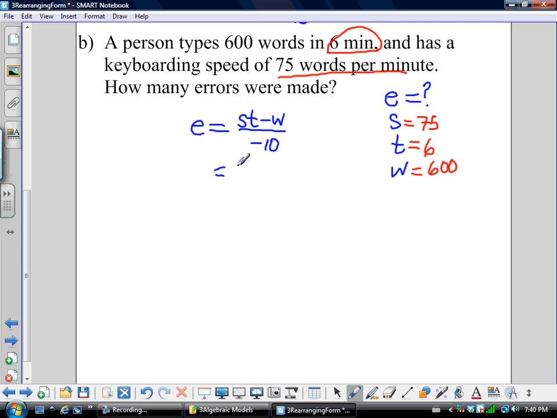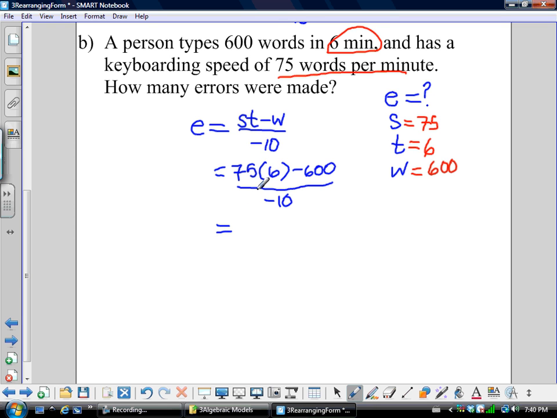So we have 75 times 6 minus 600, and then all of that is going to be divided by negative 10. Again, watch your order of operations this time. You have to follow it this time.